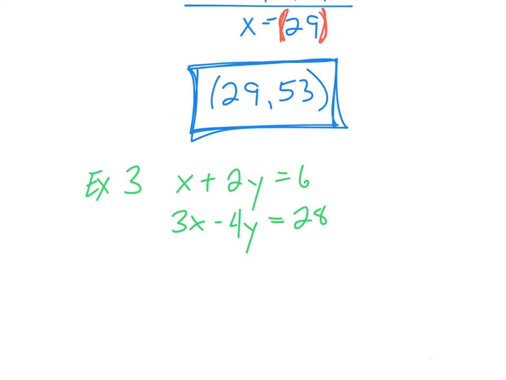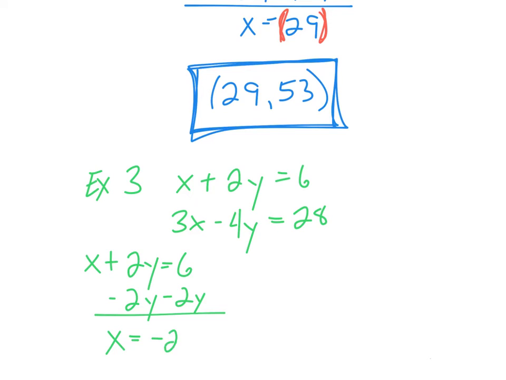So first things first, take that equation, x plus 2y equal to 6, and solve it for x. I will subtract 2y, and x will be equal to -2y plus 6. Notice that we used the sign of the 6 to write a plus 6 back here.